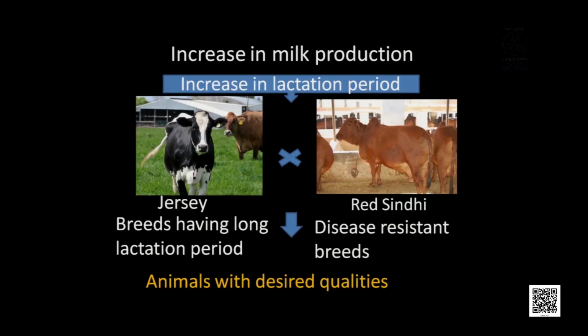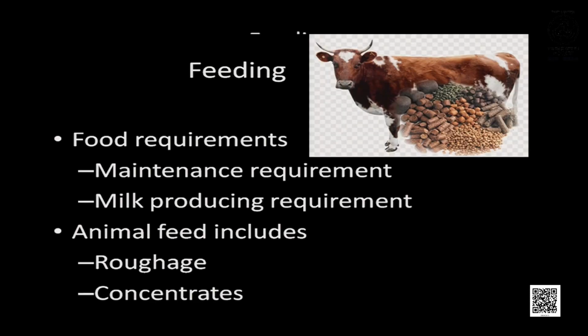It can be crossbred with a local breed, that is Red Sindhi, and we can get animals of the desired quality. That means animals that have a long and very excellent lactation period, and also they are resistant to diseases.